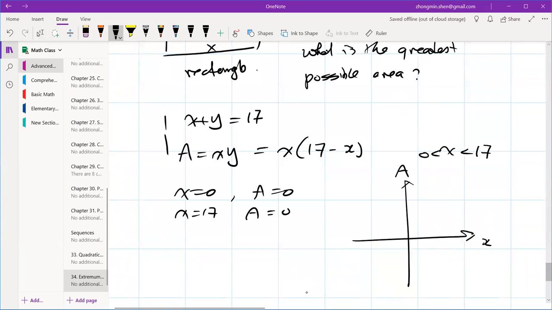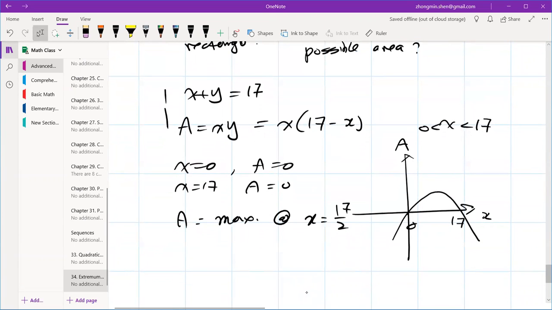So it's a parabola that opens downward, and this is the problem we discussed before at the very beginning. So it has a maximum value, and that happens when x equals half of 17. Okay, so A equals the maximum value at x equals half of 17, the middle point.